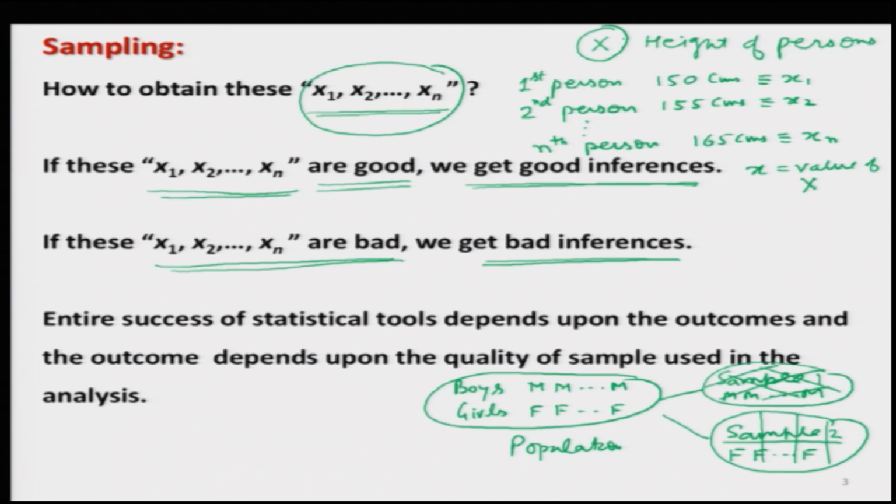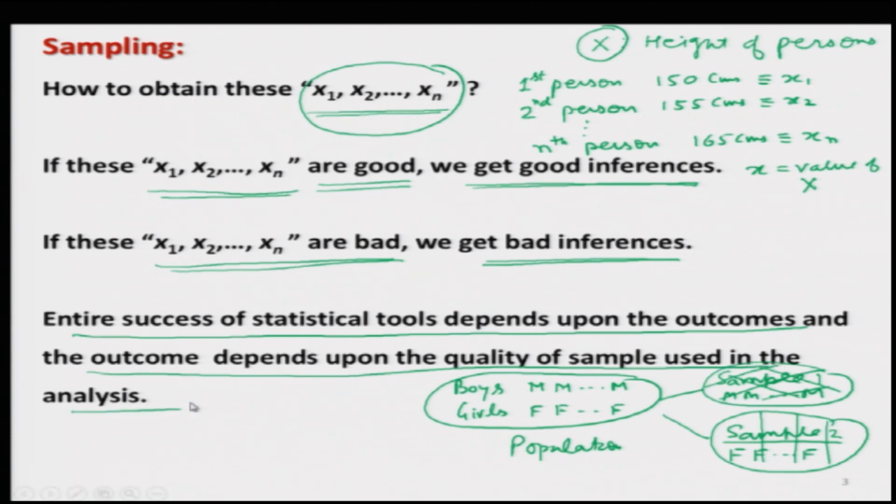Right. So the entire success of the statistical tool depends upon the outcomes, and those outcomes depend on the quality of the sample being used in the analysis. So now, at the end, the moral of the story is that the quality of the sample is very important for us.